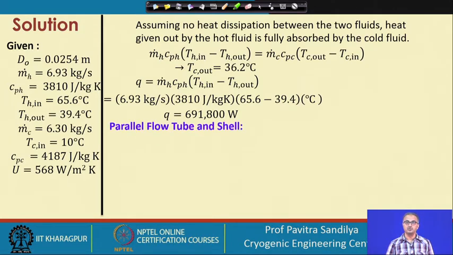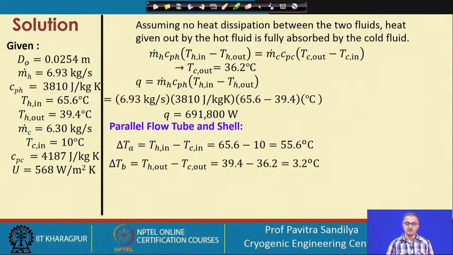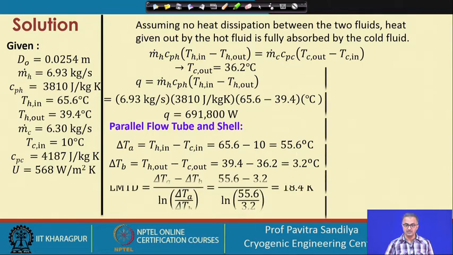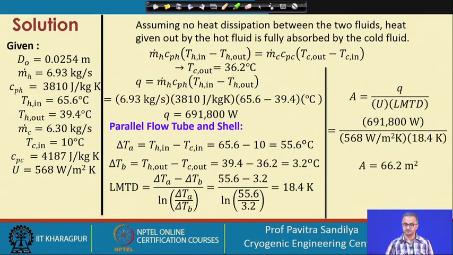Now, first let us go to the first configuration, that is parallel flow tube and shell, and for this we find out the delta T at the two ends, and this is how we are defining for the parallel flow the delta T at the two ends, and these are the temperature differences, and from this we can find out the average delta T, that is the LMTD, from this particular formula we learnt earlier, and we find that this is 18.4 K is the log mean temperature difference for this particular configuration.